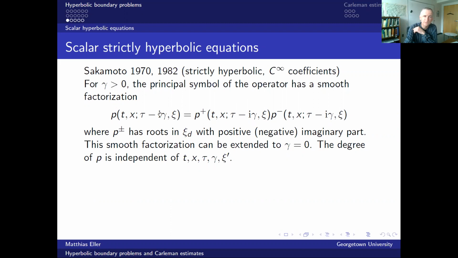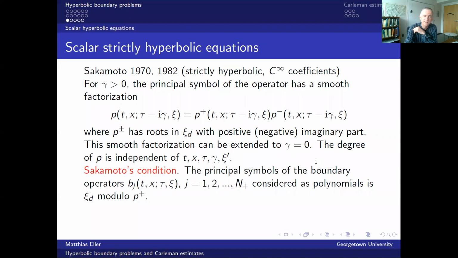As soon as you complexify the dual variable of the time, you can then factor this smoothly. Those polynomials always have the same order, and you can even extend it to gamma equals 0.